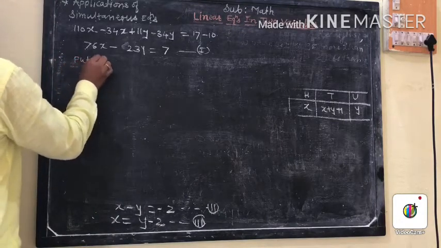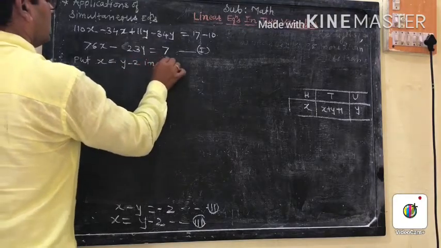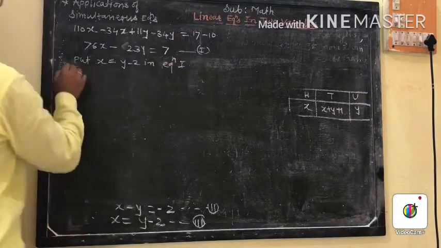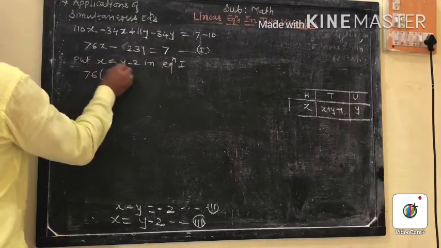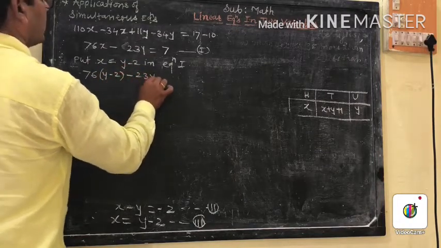Put x is equal to y minus 2 into equation 1. You get 76 times y minus 2 minus 23y is equal to 7.